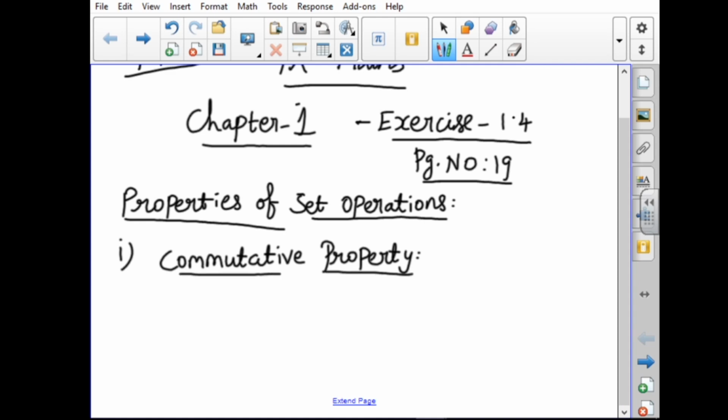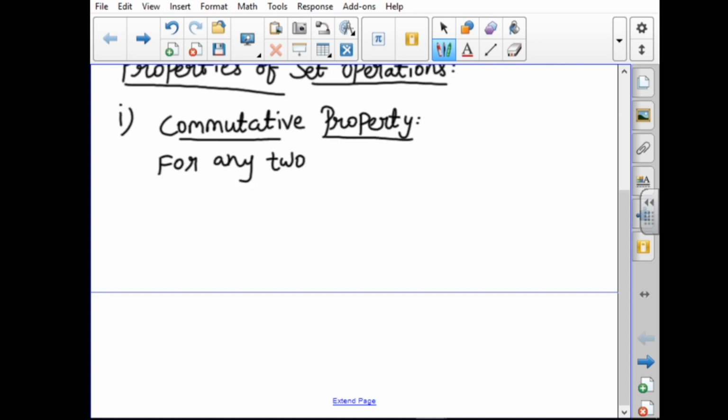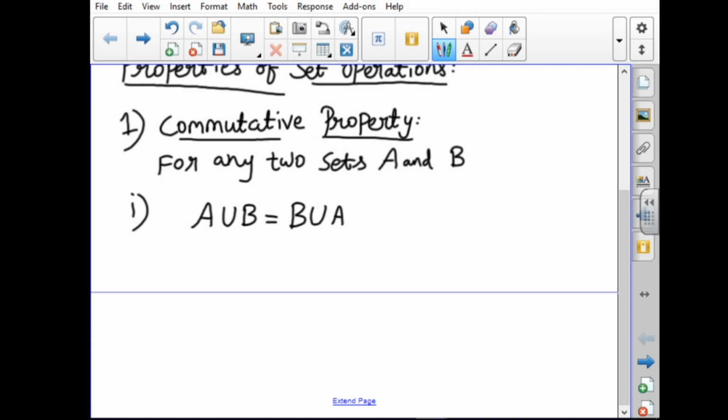For the commutative property of union, for any two sets A and B, A union B is equal to B union A. This is the commutative property of union.